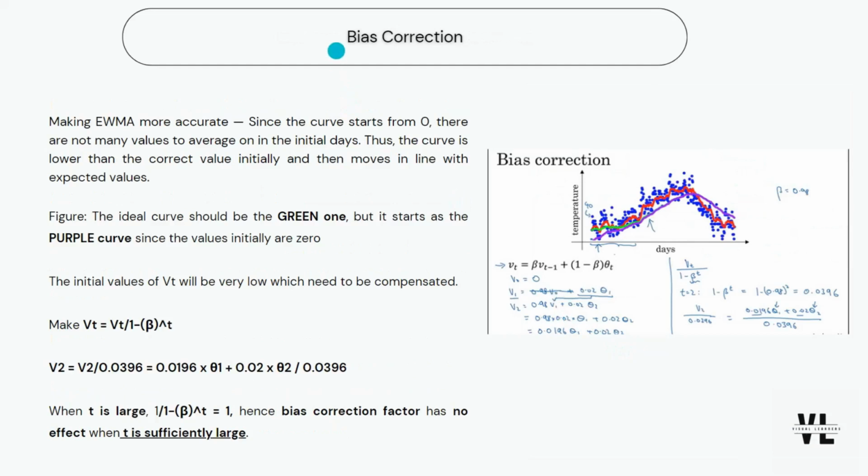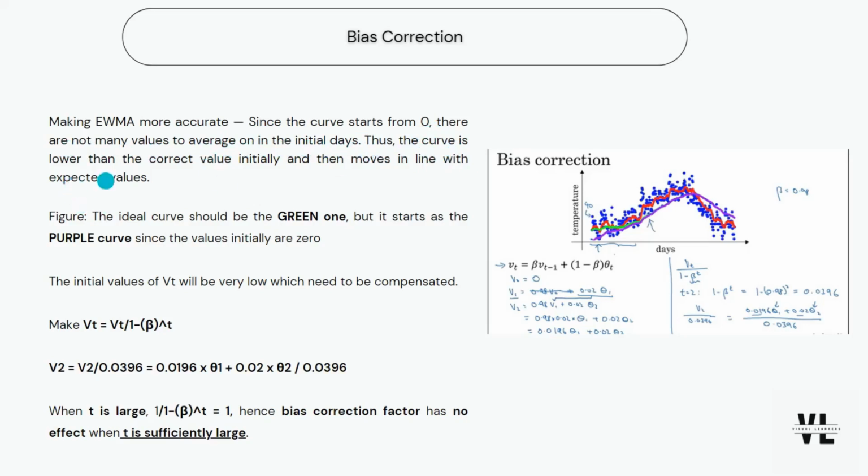Another thing that we need to consider besides exponentially weighted average is bias correction. Bias correction makes the exponentially weighted moving average more accurate, since the curve starts from 0 and there are not many values to average on in the initial days.